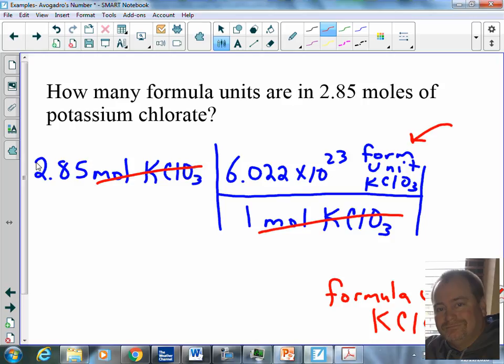How many significant digits? I have 3 significant digits, or significant figures. So I have 1.72 times 10 to the 24th.